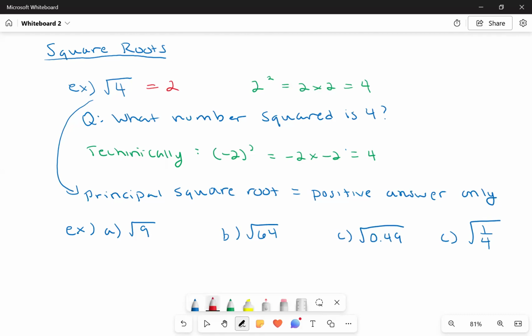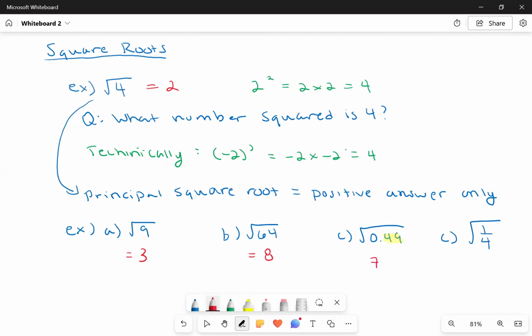So the square root of 9, that's 3. The reason is 3 times 3 is 9. Square root of 64 is 8, since 8 times 8 is 64. Now the square root of 0.49. I hope you notice that 49 itself is a number we can find the square root of pretty easily, right? So the square root of 49 is 7.